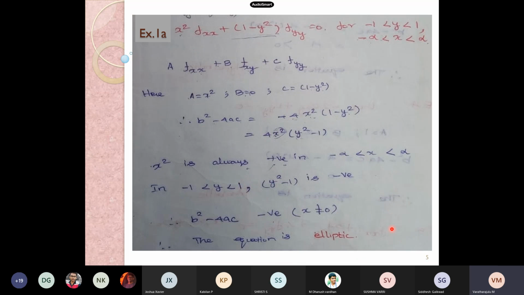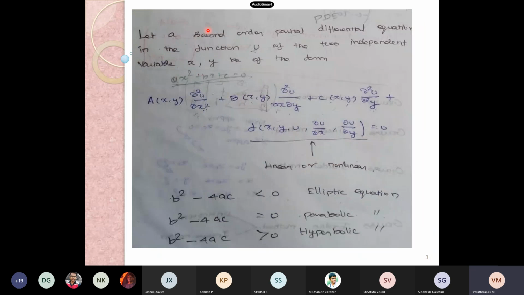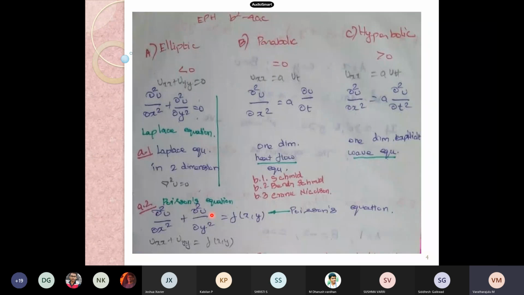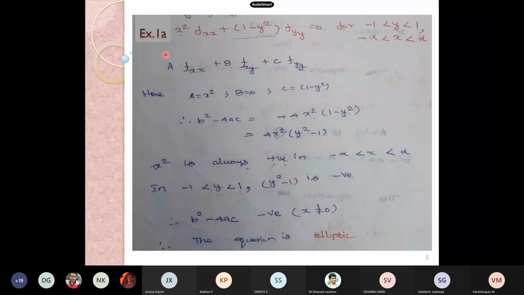And this is your exercise number 1A. You start writing these contents. 1A: x square f_xx plus (1 minus y square) f_yy. Instead of the conventional form, y double dash of x, here in this problem they are written with f_xx.